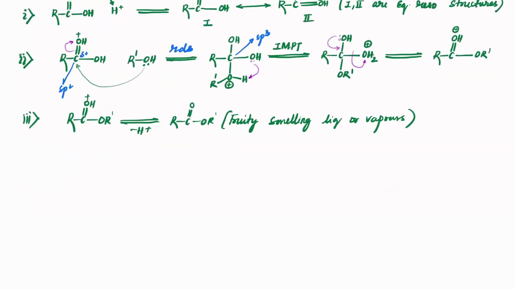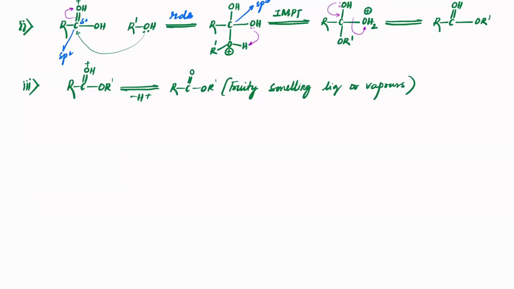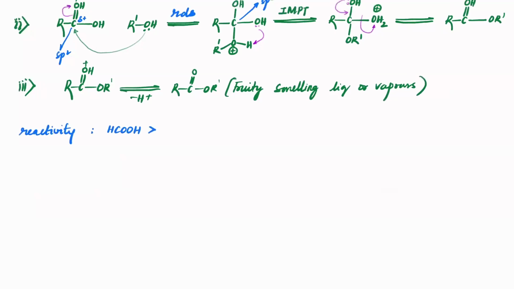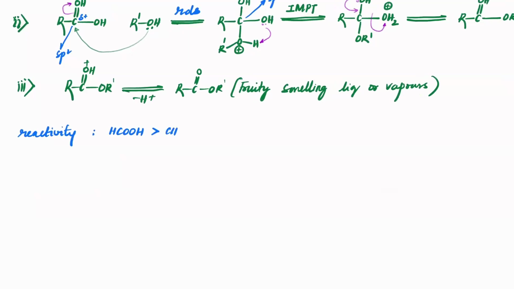Got it? So let me write down: reactivity of these acids will be strictly dependent upon their crowding. So HCOOH will be more reactive than CH3COOH, then isopropyl kind of a group with COOH, and then we have Me thrice C COOH. This is the reactivity.